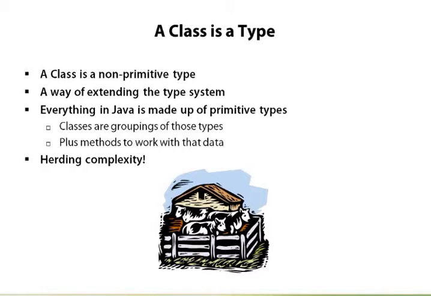So another way to look at a class, getting even more into the technical details of what a class is in Java, is it's a type. A class is a non-primitive type. What I mean by that is we had covered primitive types before: integers, the decimal representations of floats and doubles, a Boolean, characters. A class is none of those. A class is basically a type that you create, or that is created even by the Java class library.